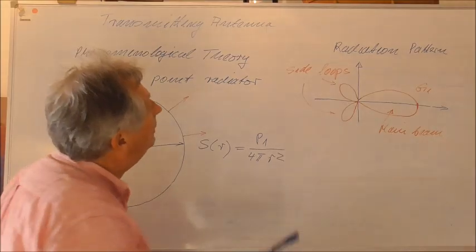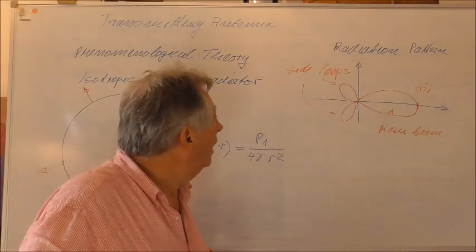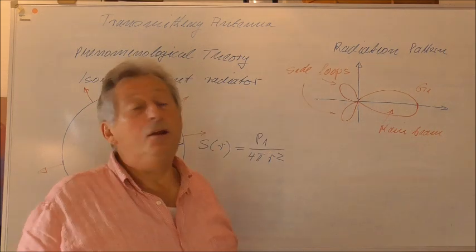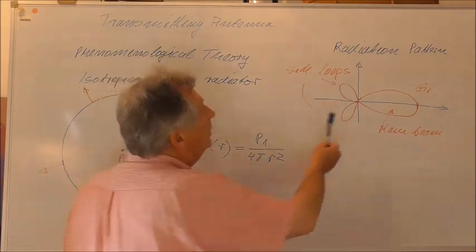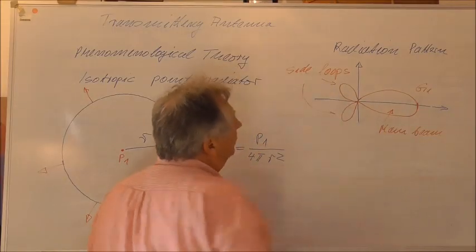The problem is that real electromagnetic antennas have a certain so-called radiation pattern, and we distinguish here, for example, the main beam and the side lobes.